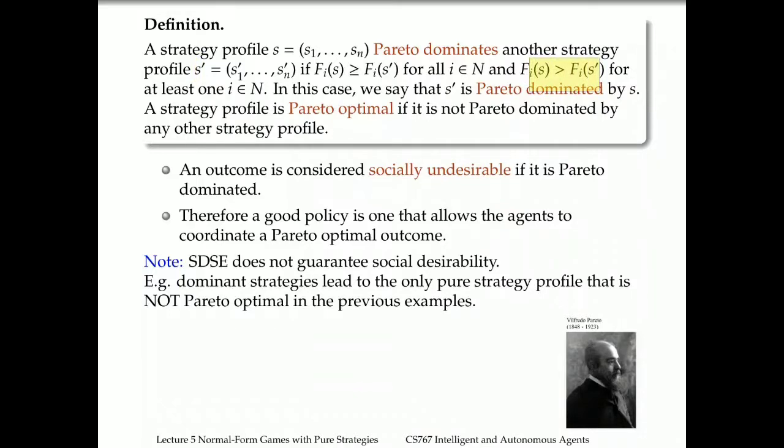So for some players it is strictly better, and for all the other players it is not worse. This means that it's possible to go from S prime to S, and in this way improve the condition of some players while not damaging the reward of the others. In this case, we say that S prime is Pareto dominated by S, and a strategy profile is Pareto optimal if it is not Pareto dominated.